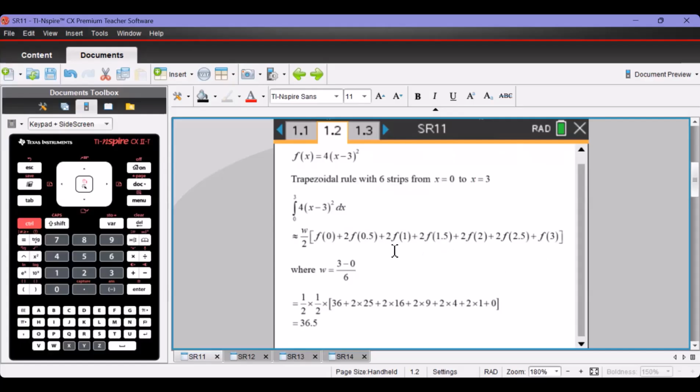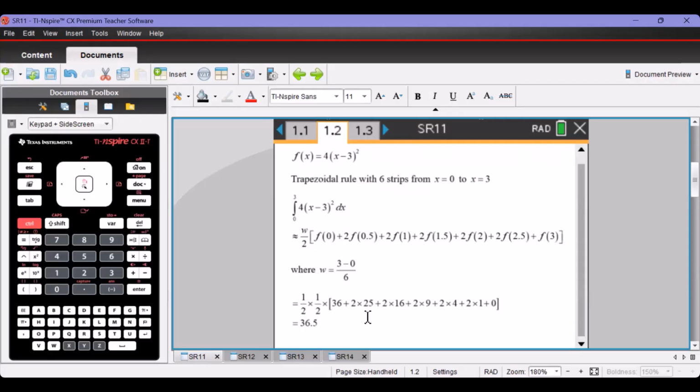So we've got a half times a half, where that first half corresponds to the w on 2, multiplied by f of 0 is 36, plus 2 times f of 0.5, so we get 2 times 25, all the way through to f of 3 is equal to 0.